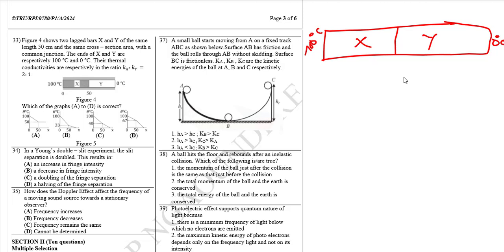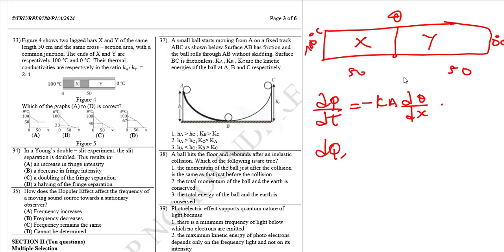Now the length of one is 50, the length of the other is 50. Now at this interface, we are going to call the temperature theta. Now the heat flux dQ/dt will simply be equal to negative KA times d theta over dx, where dx is the length. Now for x, we have dQx/dt equal to negative Kx times the area times the variation of the temperature, which is inner minus outer.